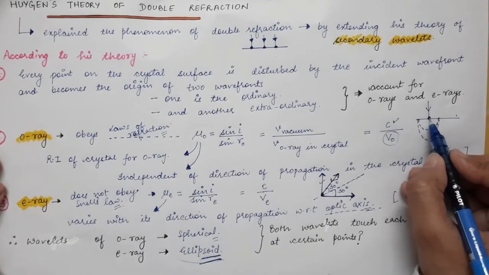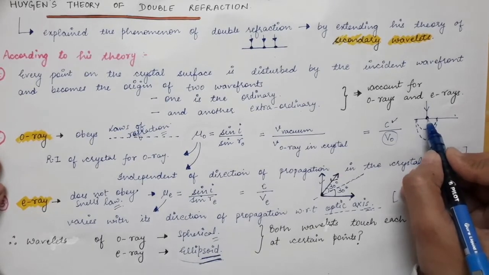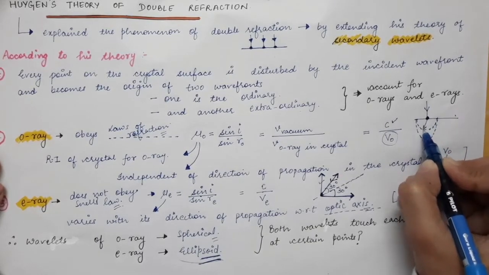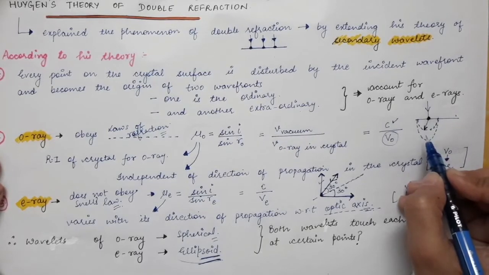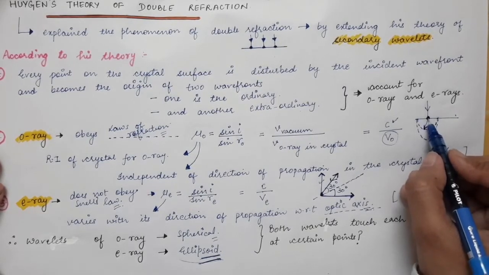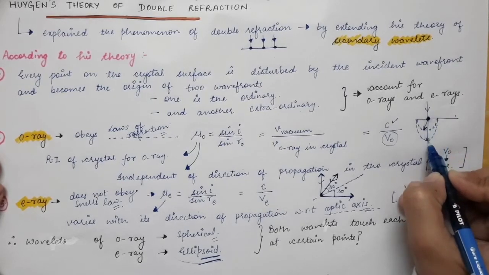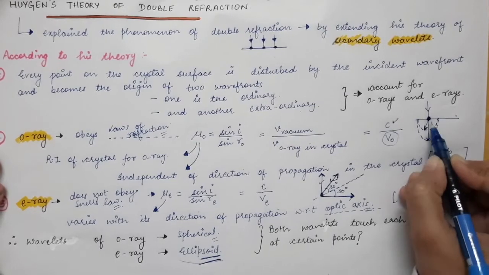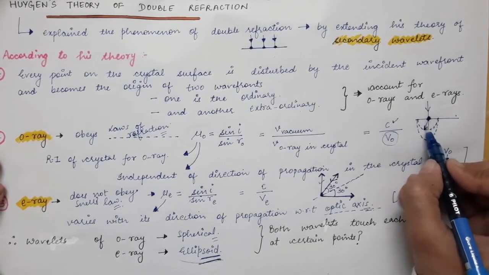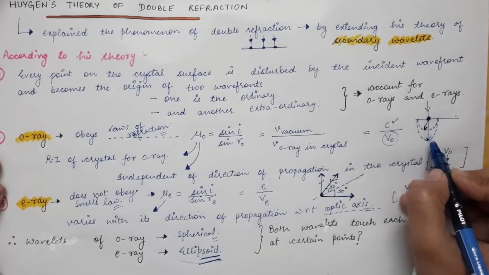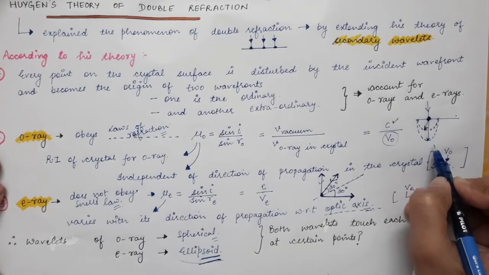As you can see, if the ordinary ray travels this much distance in a certain amount of time, then if the E-ray is traveling in this direction, the E-ray will travel a larger distance in the same amount of time. So the velocities of the E-ray and O-ray are completely different in double refracting materials.